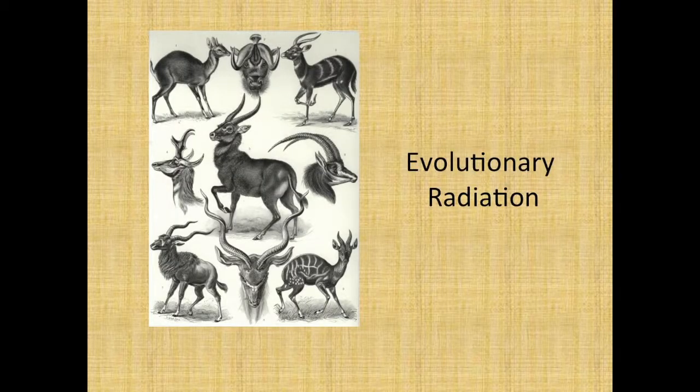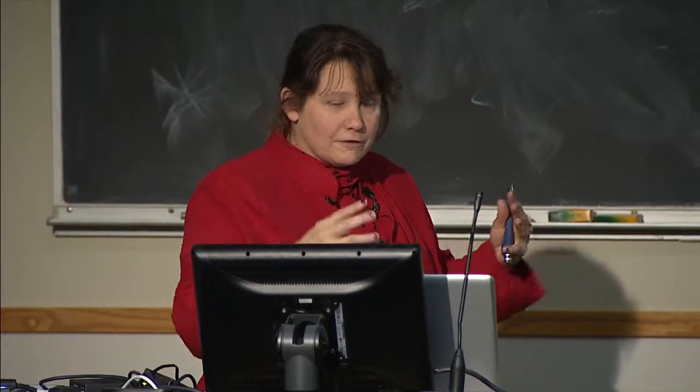A lot of the antelopes are identifiable by the patterns of their horns. Members of those species recognize those horn patterns and will breed with those and not with other animals that look pretty much the same to us, but have slightly different shapes to their horns. So you get a lot of elements that cause a radiation in this group.